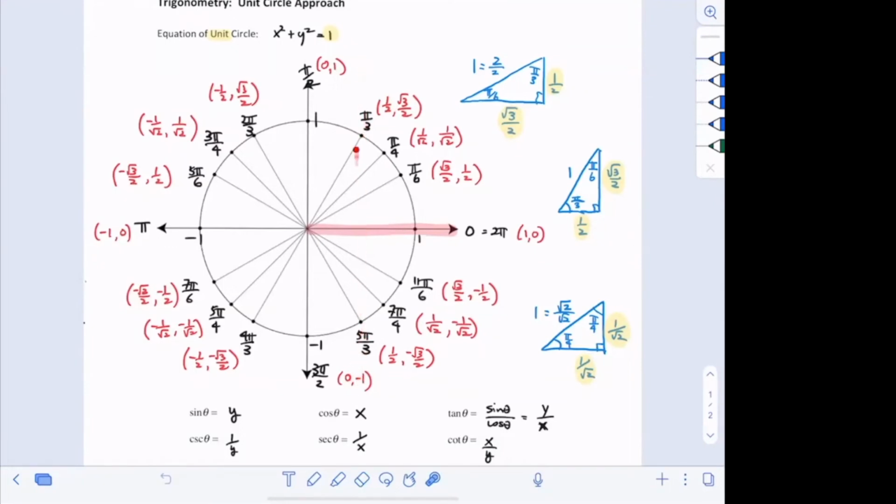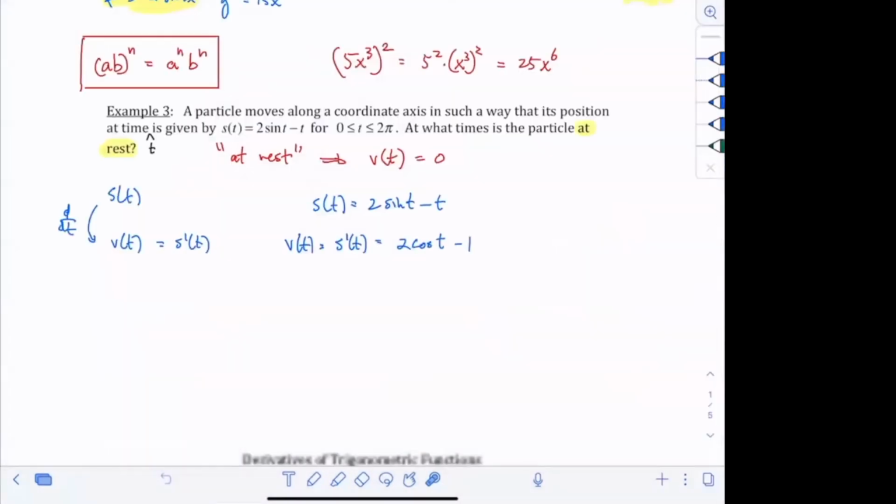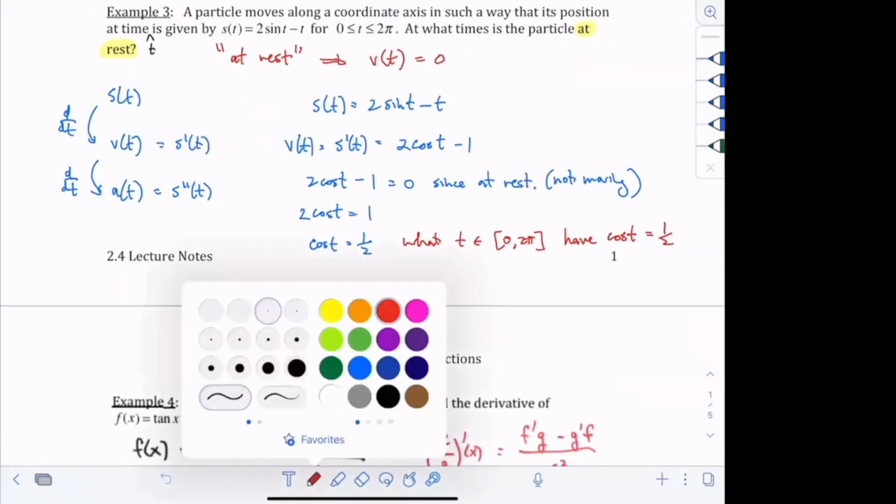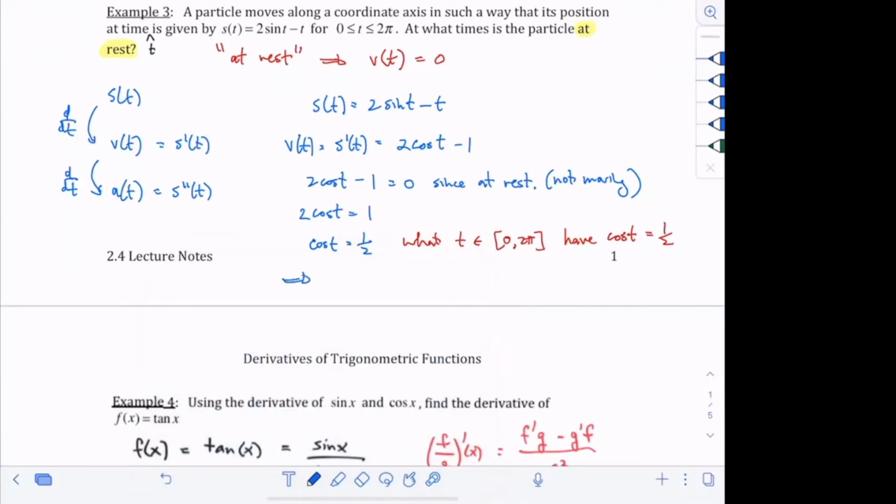When I come over here, I hope you can see that this angle at pi over 3 has a 1/2 for the x value. And this 5 pi over 3 also has a 1/2 for the x value. So if I go back to my original worksheet, this is basically saying that t is equal to pi over 3 and 5 pi over 3, using the unit circle.